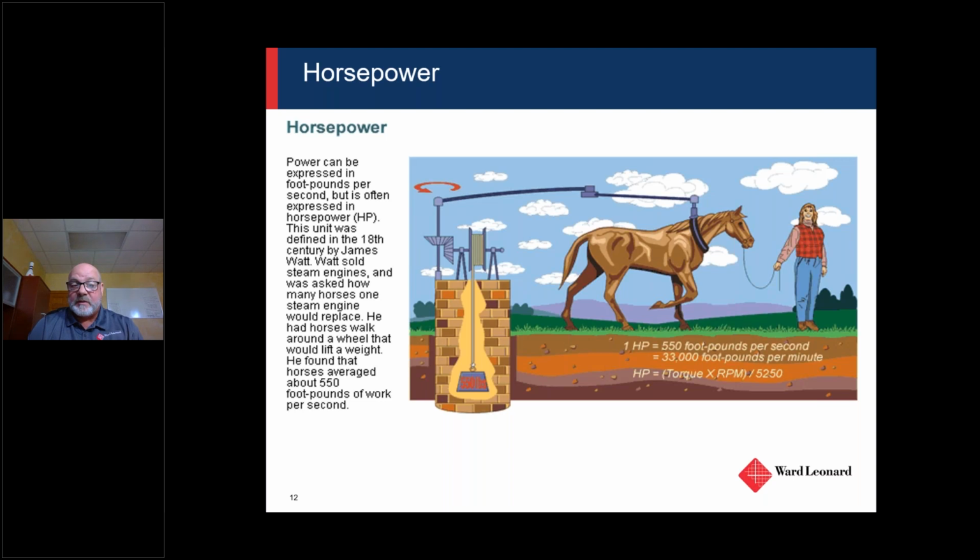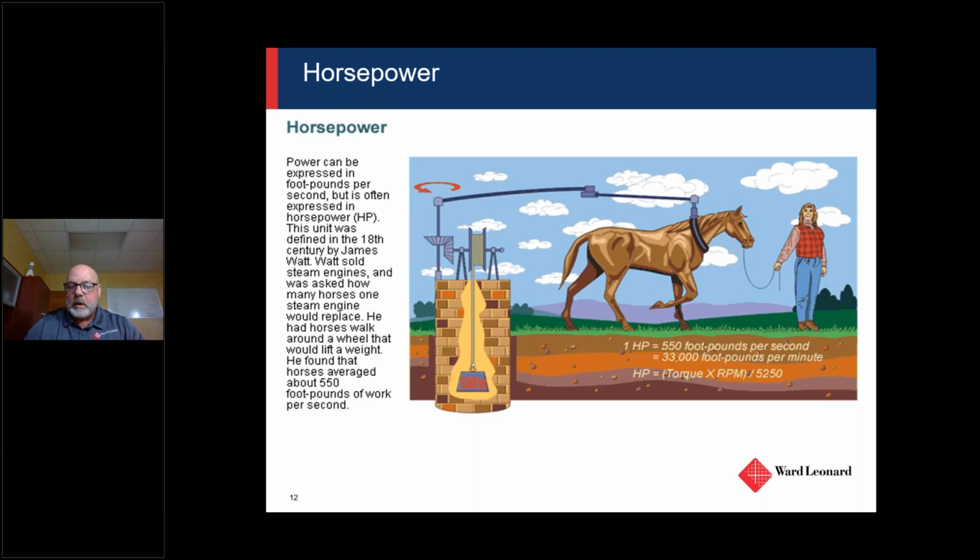It was defined back in the 18th century by James Watt, right? So there you go, watt, kilowatt. He sold steam engines and was asked how many horses one steam engine would replace. So he had horses walk around a wheel that had a weight in the bottom of it, and it lifted the weight, and he found out that the average was about 550 foot-pounds is what one horse could typically lift.